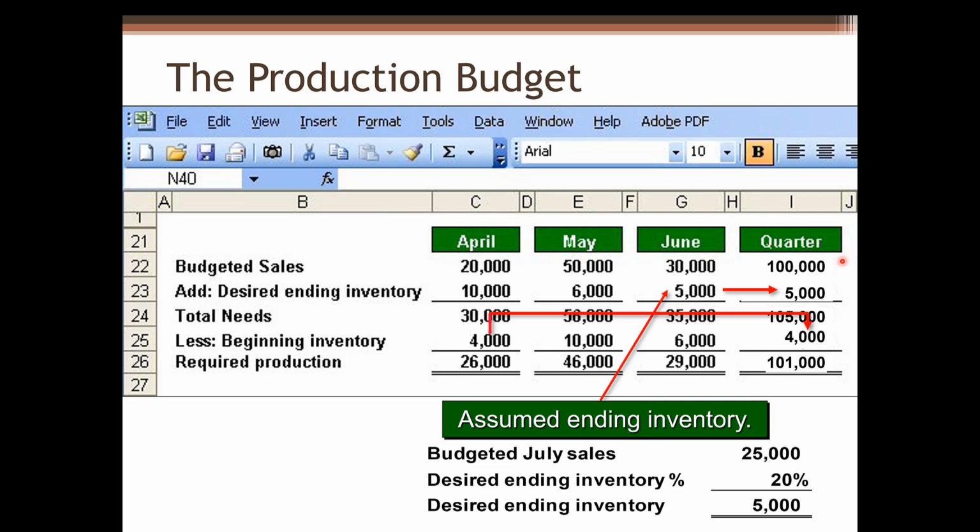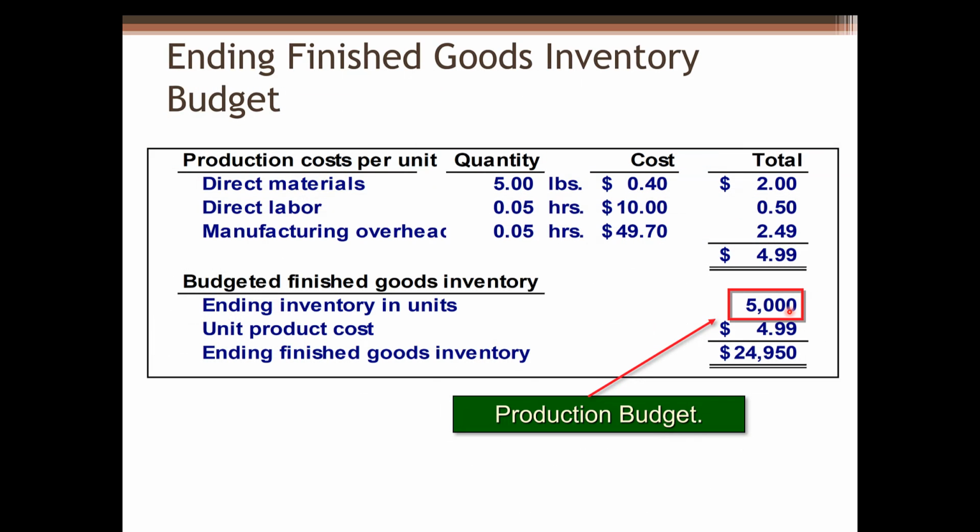If you go back, take a look at the previous slide. The ending inventory units should be 5,000 units. So we calculate 5,000 multiplied by 4.99, and we get ending finished goods inventory in dollar amount, $24,950.